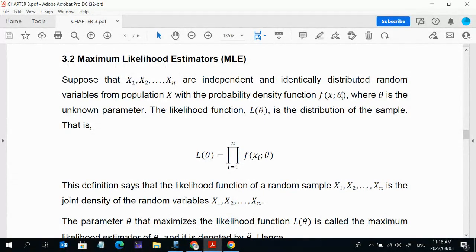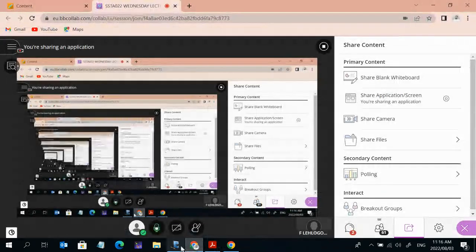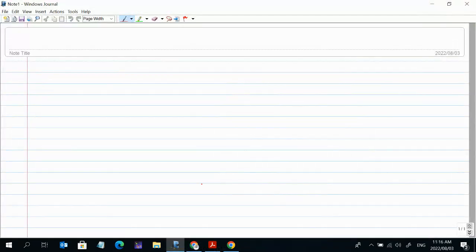So the likelihood function is the joint distribution function of these n independent random variables. The likelihood function, L of theta, is nothing but the joint density function of these random variables. Let's go to the journal; I'll try to explain this.